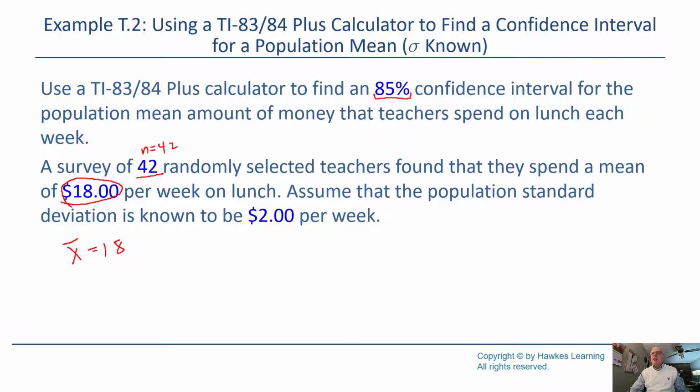You also happen to know from historical purposes, most likely, that the population standard deviation is $2 per week. Since you know this, you'll be using a Z interval. If you had found this from your sample, then it would be s, and you'd be using a T interval. But in this case, we've got the Z interval.